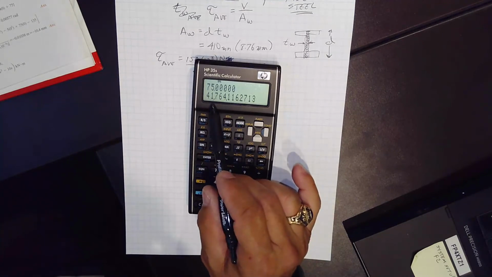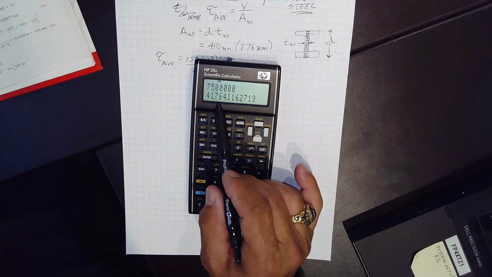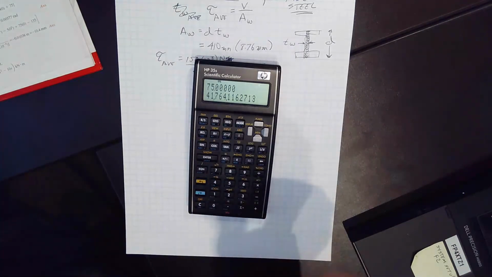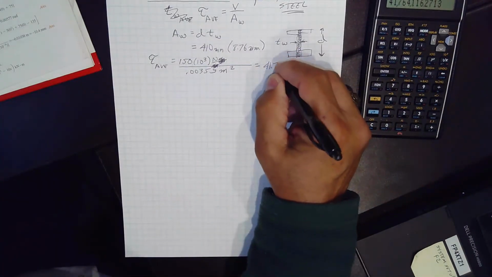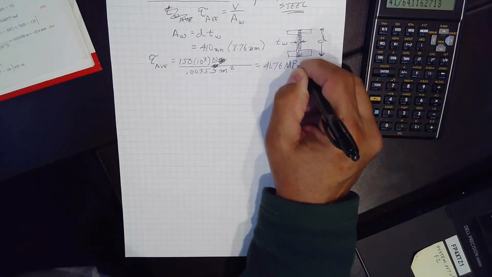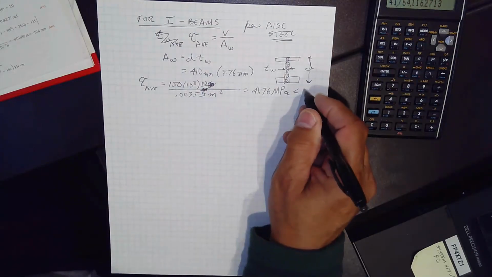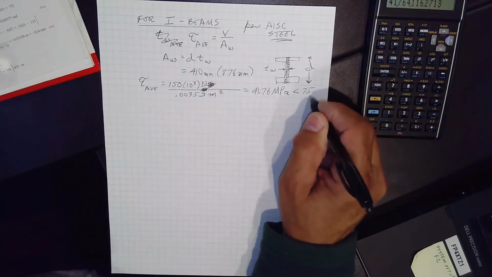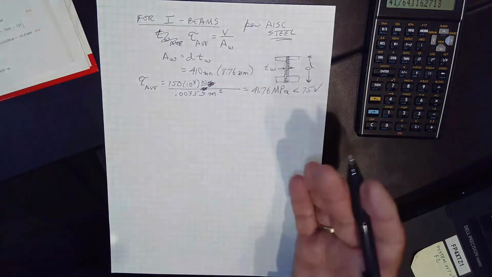So that's 41.76 times 10 to the 6, so 41.76 MPa. And that's, of course, less than 75, which is our allowable. That's what we started with. So we've checked shear.